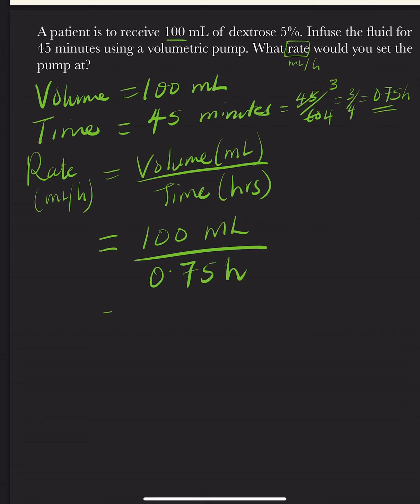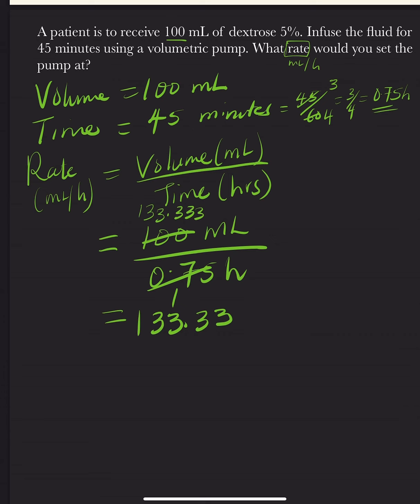If you use your calculators here, you divide 100 by 0.75. It should give you 133.333 mils.